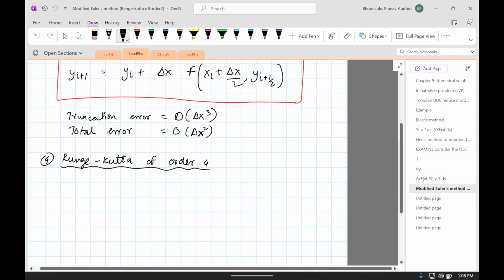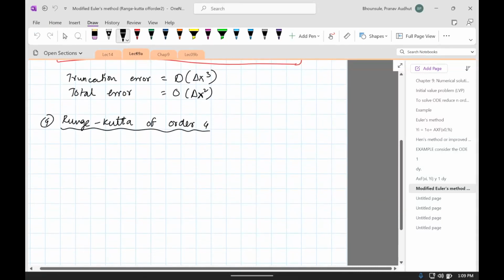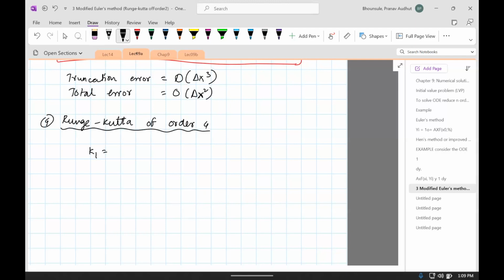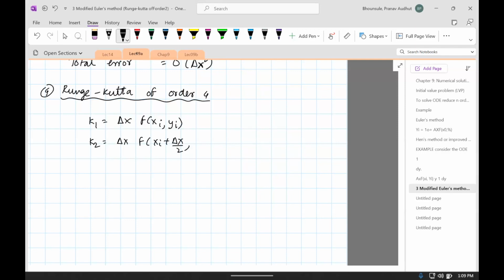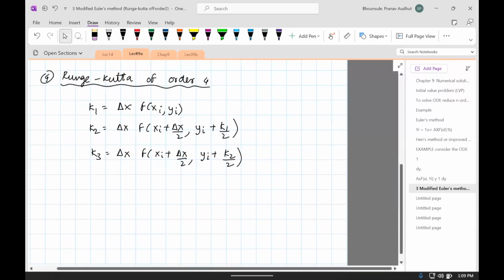Okay, let's look at Runge-Kutta of order 4. Let me write the individual steps first. k1 is delta x f of (x_i, y_i). k2 is delta x f of (x_i plus delta x divided by 2, y_i plus k1 divided by 2), where k1 was computed earlier. k3 is delta x f of (x_i plus again delta x divided by 2, y_i plus k2 divided by 2), where k2 was computed just one step above.